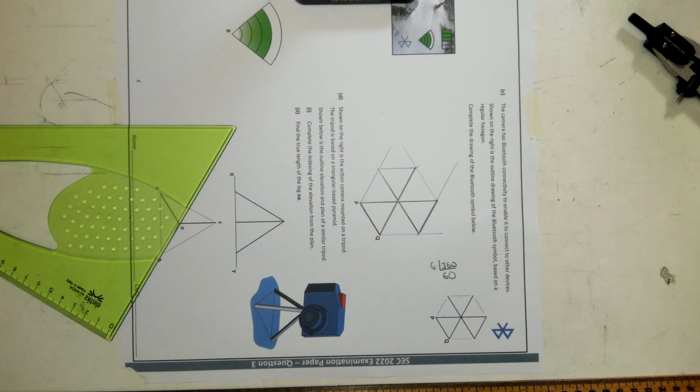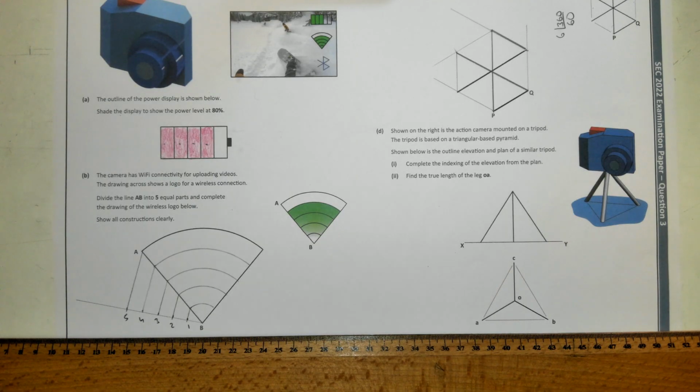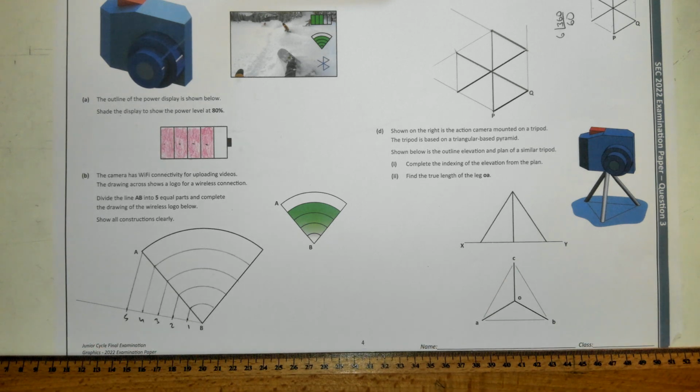So I'm just going to pause the video again and turn the page back around to the way it was. For part D then, it says as shown on the right is the action camera mounted on a tripod. A tripod is based on a triangular based pyramid. Shown below is the outline elevation plan of a similar tripod. Part 1, complete the indexing of the elevation from the plan, and then part 2, find the true length of the leg OA.